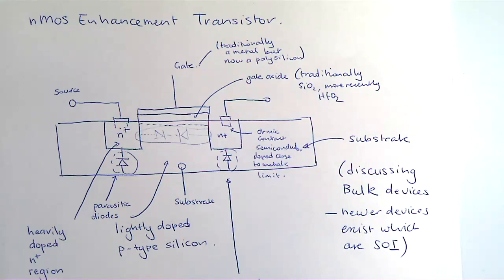What I've done is I've made these regions highly n-doped. How did I do that is the question. Well, how is that done? Okay, so what would be worthwhile is to look at ion implantation.